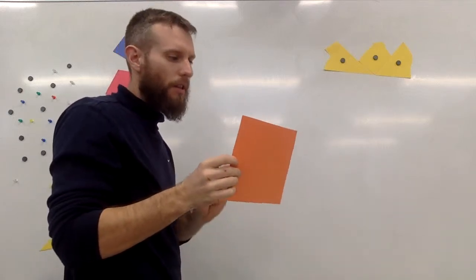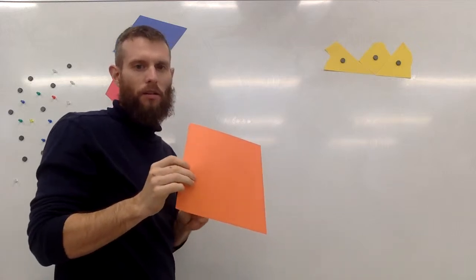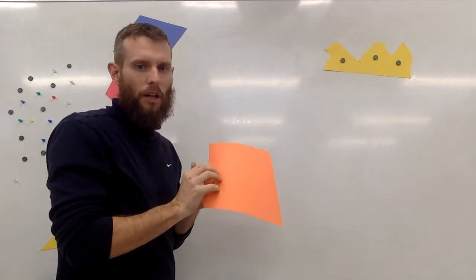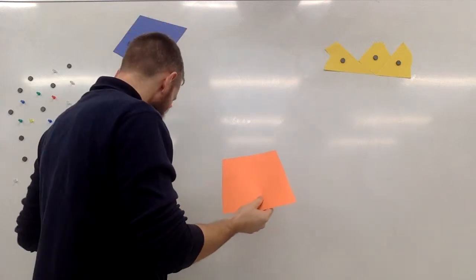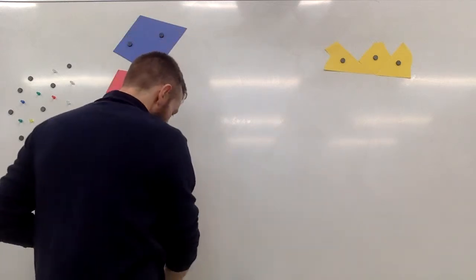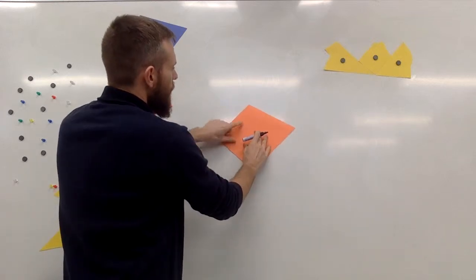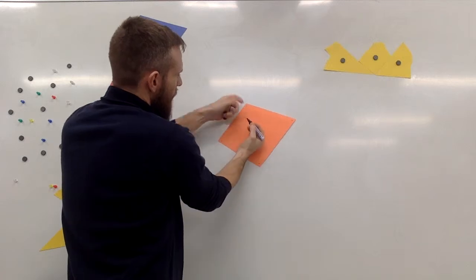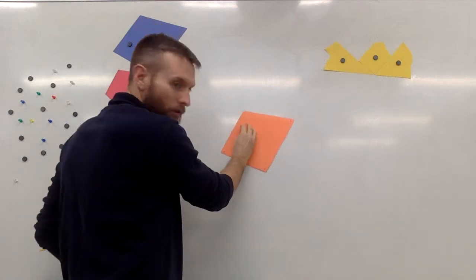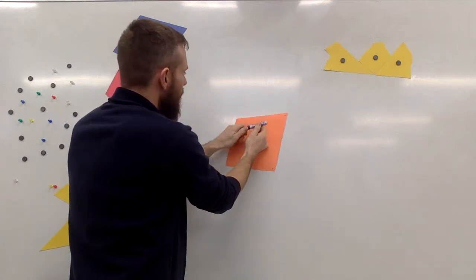It's not a parallelogram. It's not a trapezoid. None of these angles are equal, but this would work with any quadrilateral. Let's do the same exercise. Just to be clear, I'm going to put a dot in all these corners so you can see that when I line this all up, I'm matching up all four.